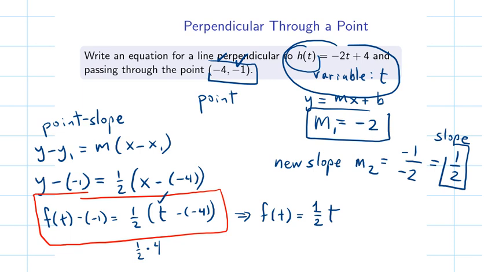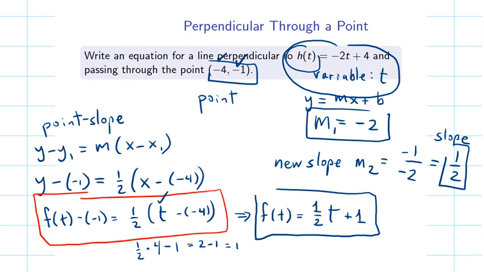So it'll be minus 1. That's negative 2 minus 1, which is negative 1. So this will simplify to 1/2 of t plus 1. That will have a perpendicular slope, and will go through the point negative 4, negative 1. And if we're not sure, we could check that out. But let's see what we have. We're actually at the end of the problems. So I'm going to stop here and wish you a great day.